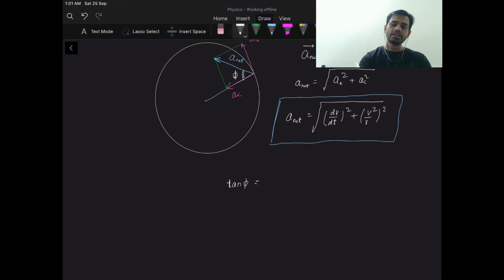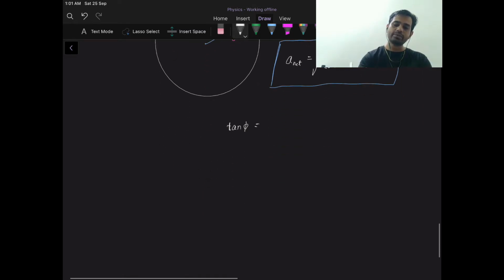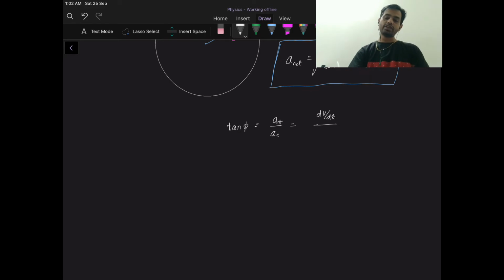Tan phi is just at divided by ac, where at is dv by dt, and ac is v square by r. So this is the value of tan phi.